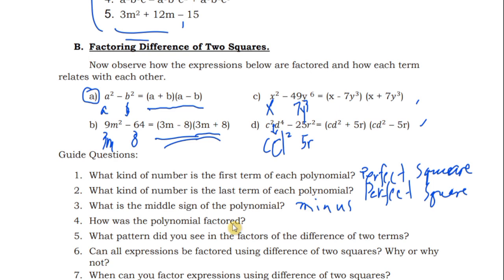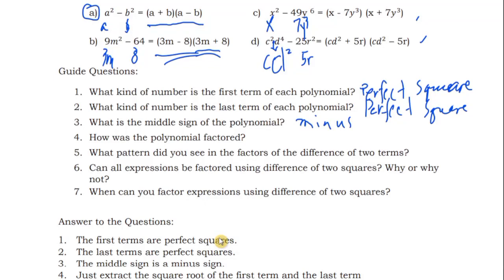Can all expressions be factored using difference of two squares? Why or why not? Yes, because if it has a perfect square, then we can get that one. When can you factor expressions using difference of two squares? When we have a perfect square.